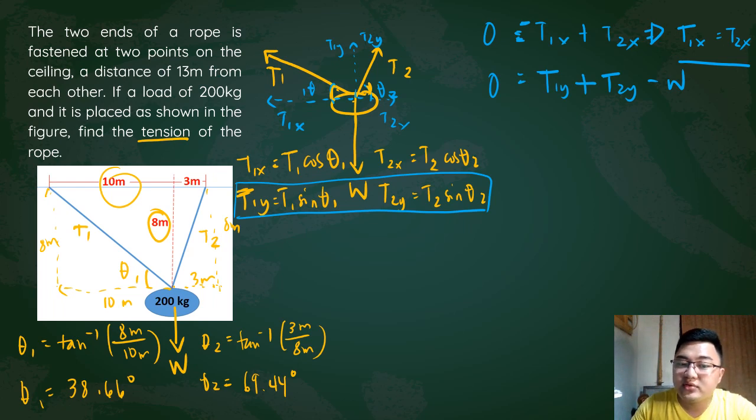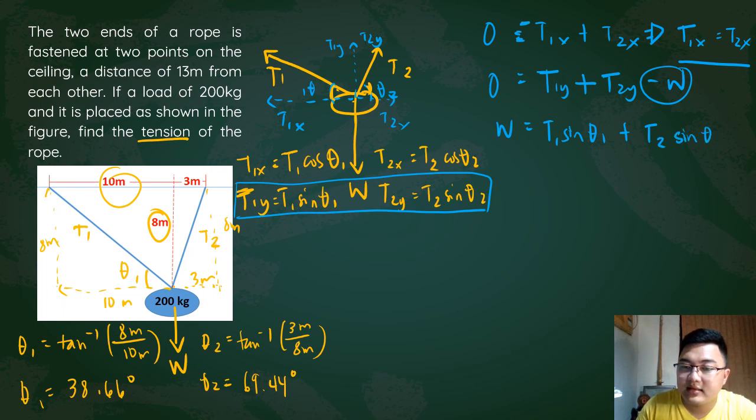If T1y is equal to T1 sine theta 1, then, transposing this first, W, or weight, will be equal to T1 sine theta 1 plus T2 sine theta 2.